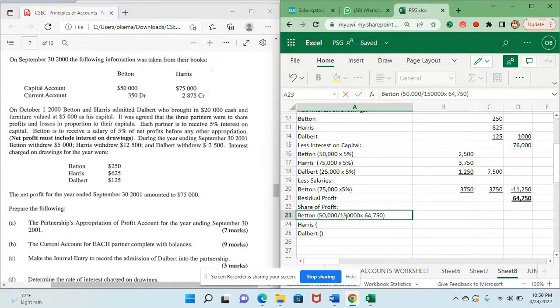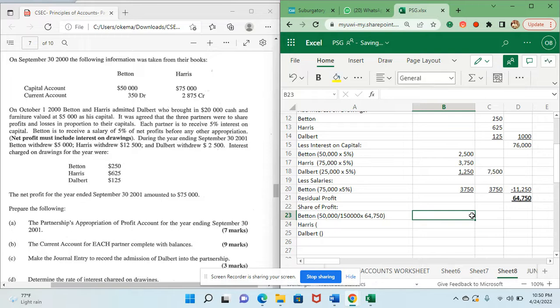Or again, if we further simplify it, a third. Right? So 1 over 3 multiplied by 64,750 would give you the same answer. So our answer here is 21,583 and some decimal places, but I'm just going to round it down to 583.